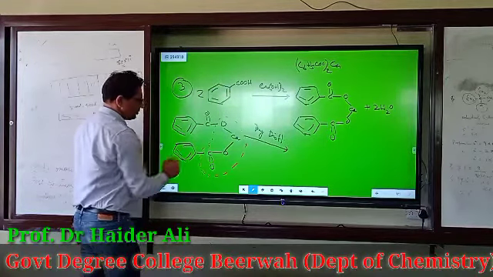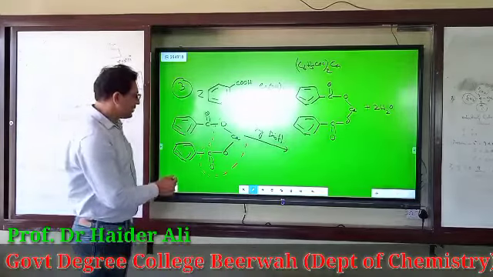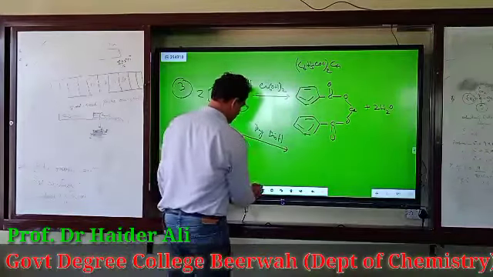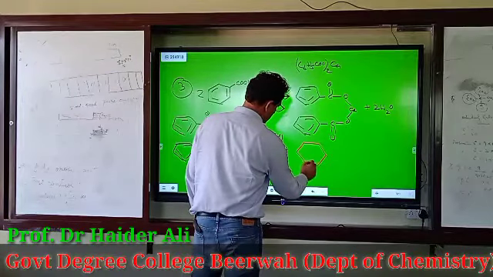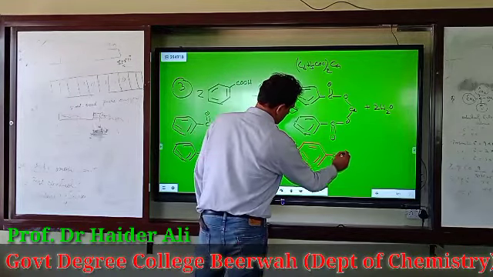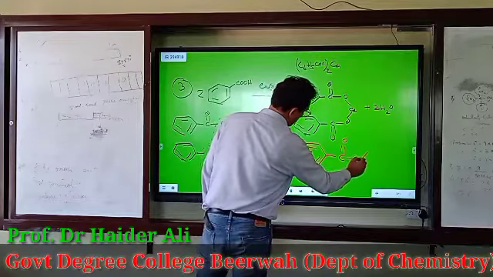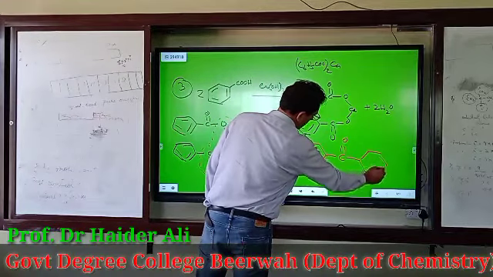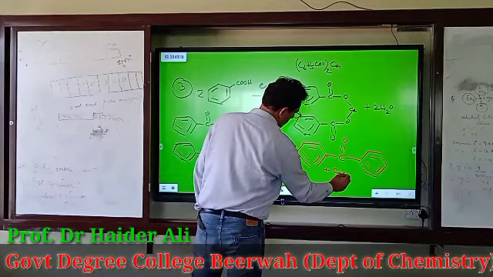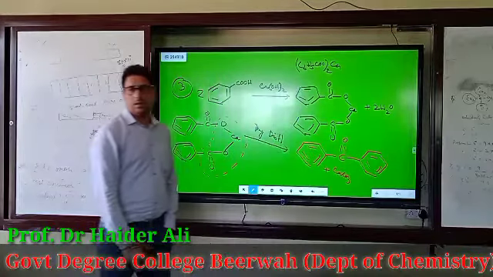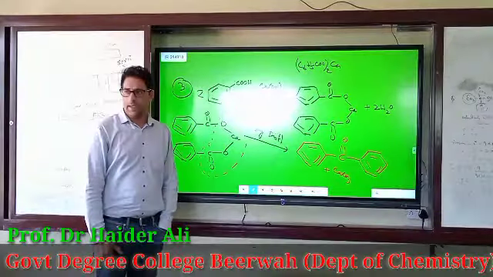So what are you left with? It will be like this: benzene, C double bond O, and on the other side also benzene, along with the emission of calcium carbonate. This is a ketone, right?